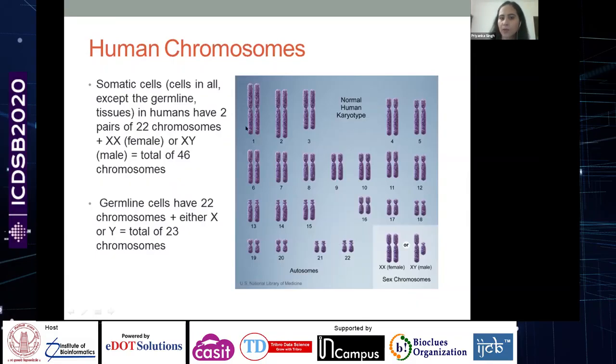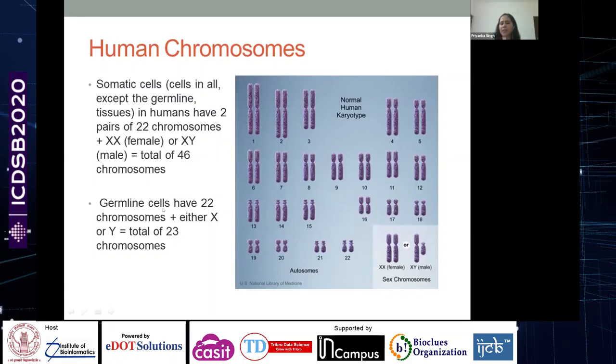These are homologous chromosomes. One is from the mother and one is from the father. So you have 22 such pairs, plus, if you are female, you have XX chromosomes, or if you are male, you will have XY chromosomes. So 23 into 2, in total there will be 46 chromosomes in the somatic cells.